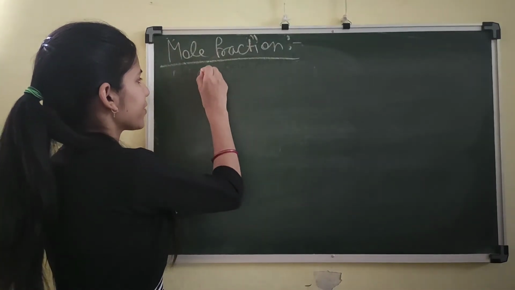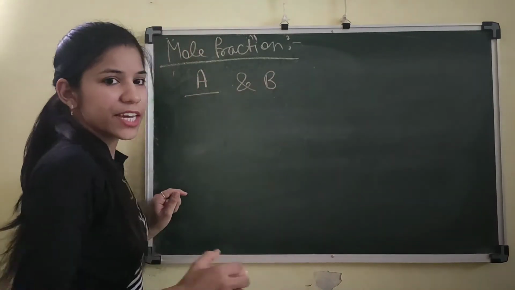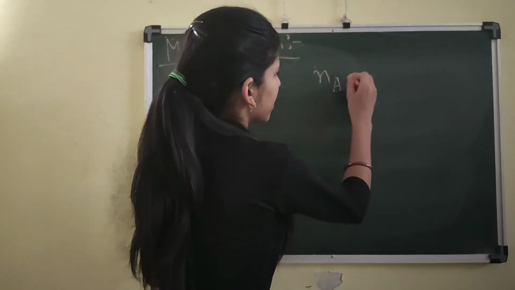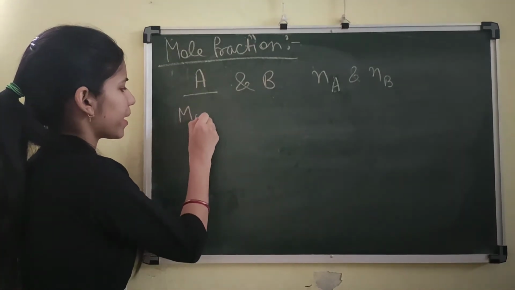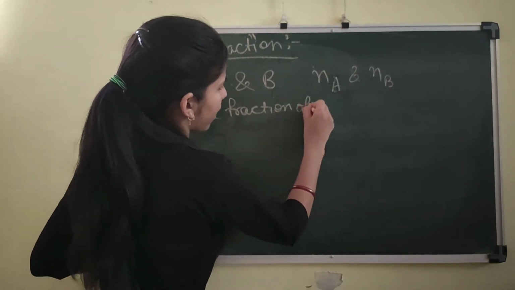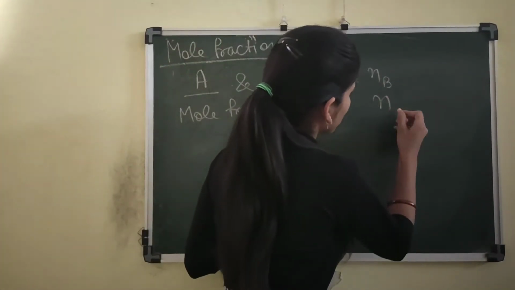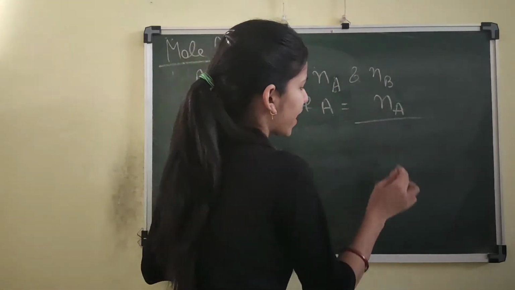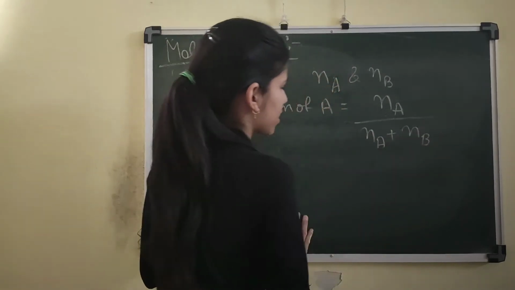For example, if molecules A and B are mixed and their numbers of moles are denoted by Na and Nb, the mole fraction of A is the ratio of the number of moles of the particular component, that is the number of moles of A, divided by the number of moles of solution, that is Na plus Nb.